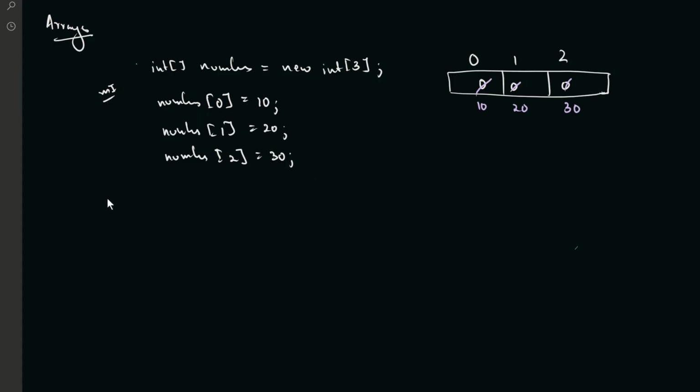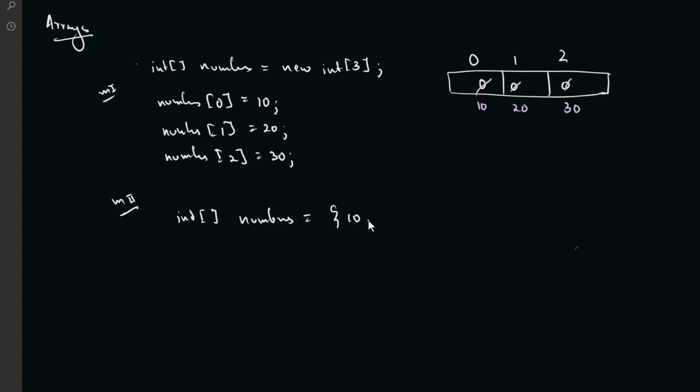Well, there is a second method which is much easier, method 2. If you know the elements beforehand, then you can directly declare them, insert them at the time of declaration. All right, so how to do that? Well, int numbers equals, directly place your elements inside curly brackets.